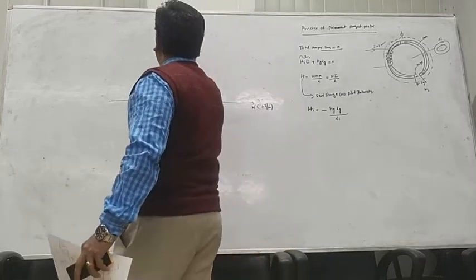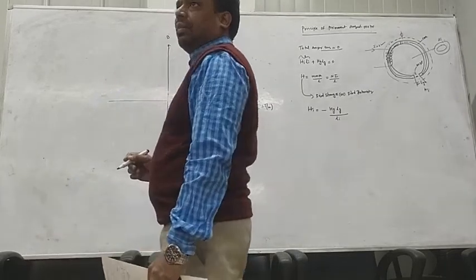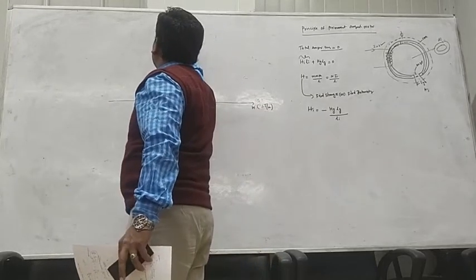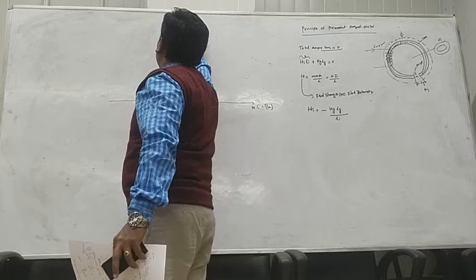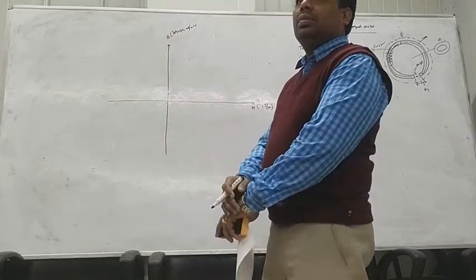On the y-axis is the flux density, and the flux density units are Tesla or Webers per meter square.